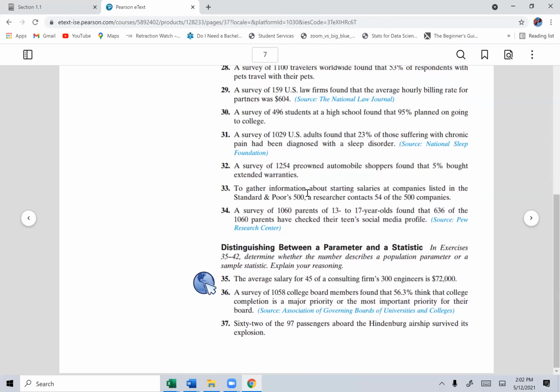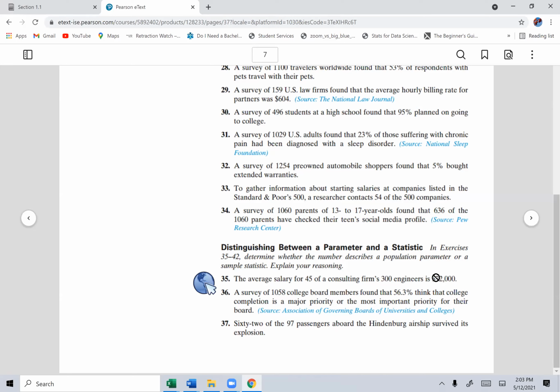All right, distinguish between parameter and statistic. Remember, a parameter is a number that describes a population and a statistic is a number that describes a sample. Number 35: The average salary for 45 of a consulting firm's 300 engineers is 72,000.